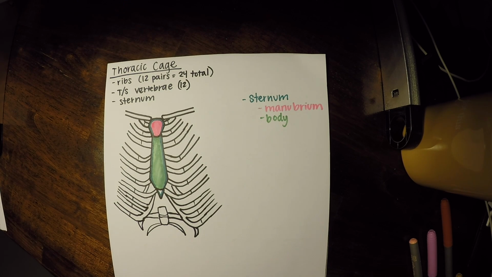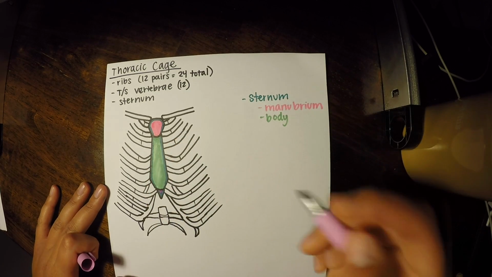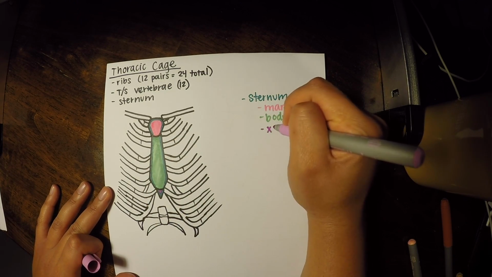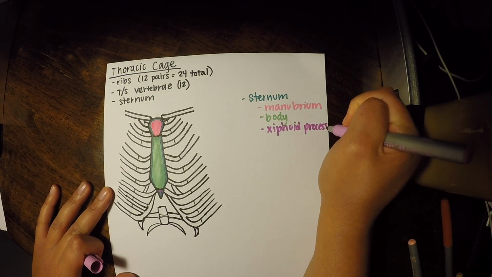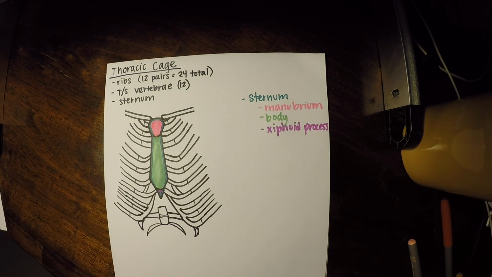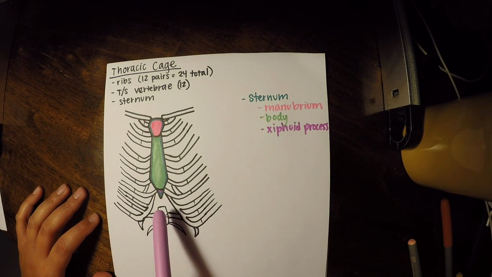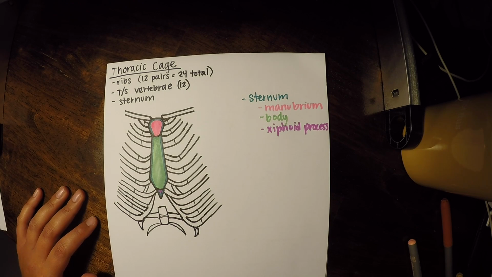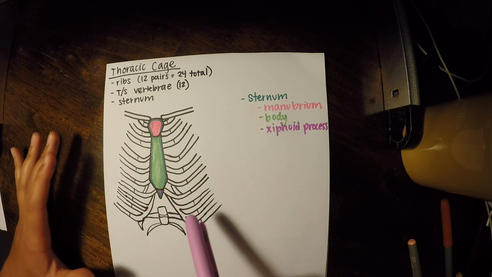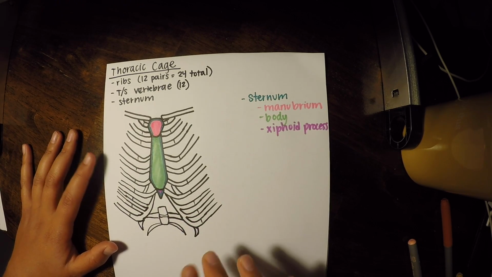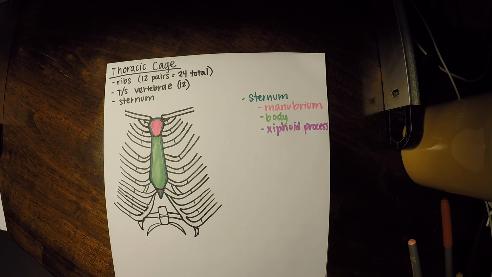And then lastly, we have this little bottom part, which is called our xiphoid process. It's cool because it starts with an X. Not only is the xiphoid process important anatomically as part of the sternum to protect things, but it can also be a way for you to locate different organs that sit behind and around it when you're doing something called palpating, or just feeling around there. Alrighty, so that covers our sternum.